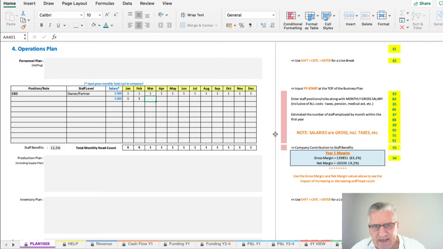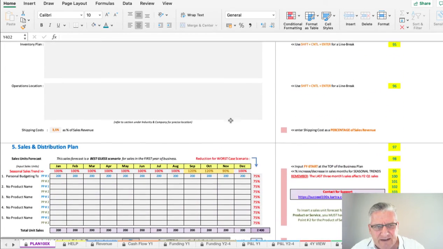Can you see that in 2 months we have gone from a positive net margin to a minus net margin? So that means we've got to be very careful adding heads. They can cost the company a lot of money and can really affect your net margin.